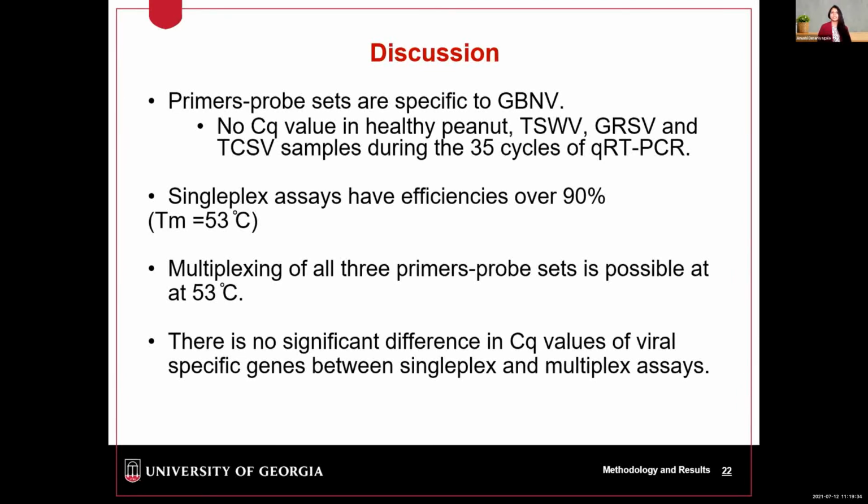The singleplex assays have efficiencies over 90%, and multiplexing is possible at 53 Celsius. There is no significant difference in Cq values in singleplex and multiplex assays when it comes to viral specific genes.